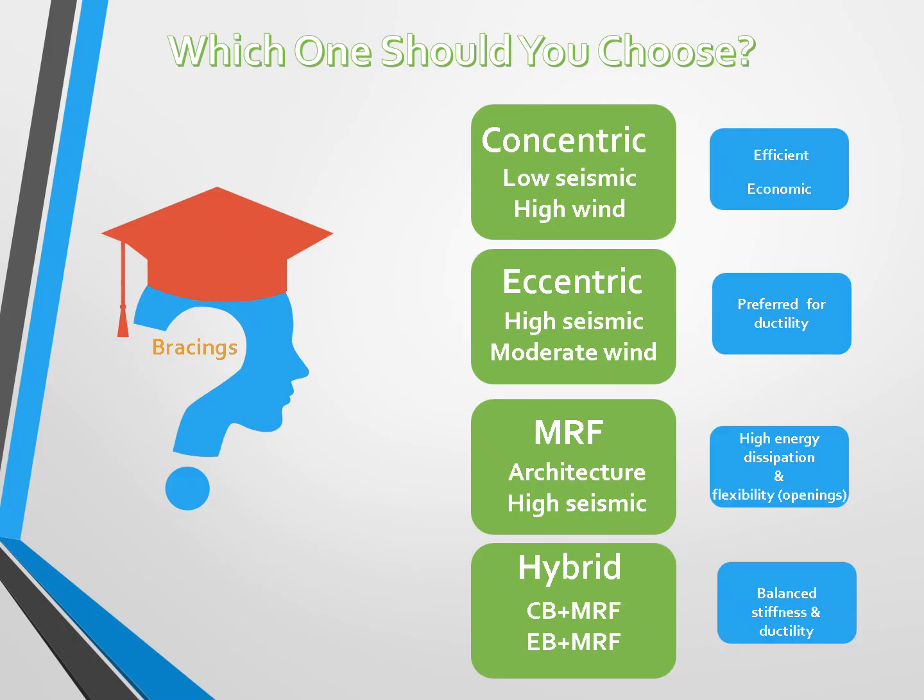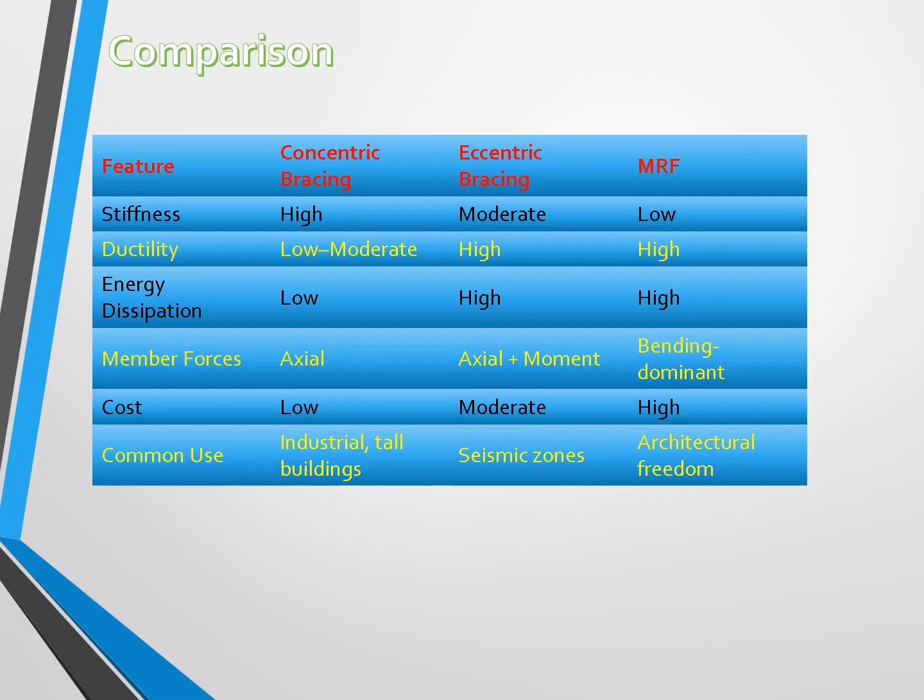Also, we can use a hybrid or a combination of these main bracing systems: concentric bracing together with moment resisting frame, or eccentric bracing together with moment resisting frame, which balances stiffness and ductility. It depends on the designer and the function of the lateral load resisting system.